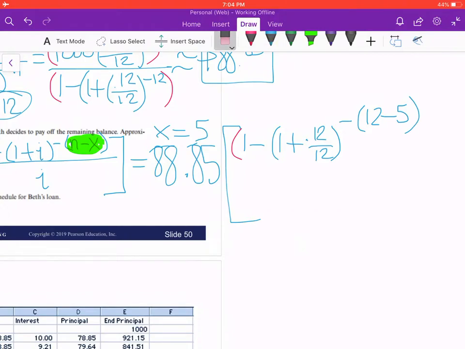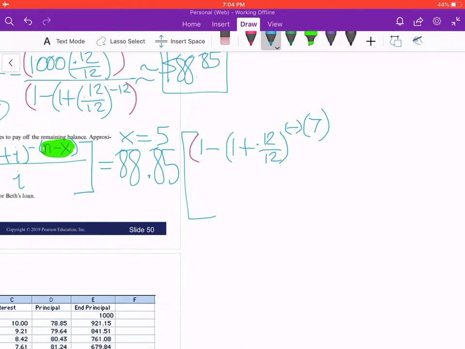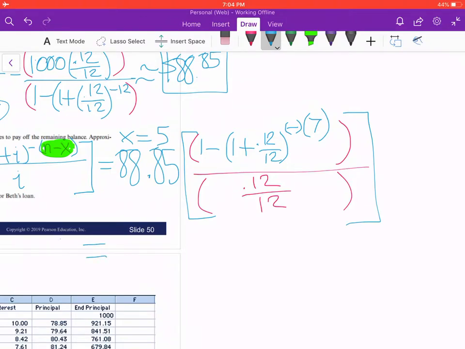Or you could just subtract that, 12 minus 5 is 7, and just enter that on the calculator. However, make sure you use that little negative sign, the one below number 3. Then you will have to enclose the numerator and then enclose the denominator, and that will be the rate divided by m in brackets. And the answer for the remaining balance for this account will be $597.80.